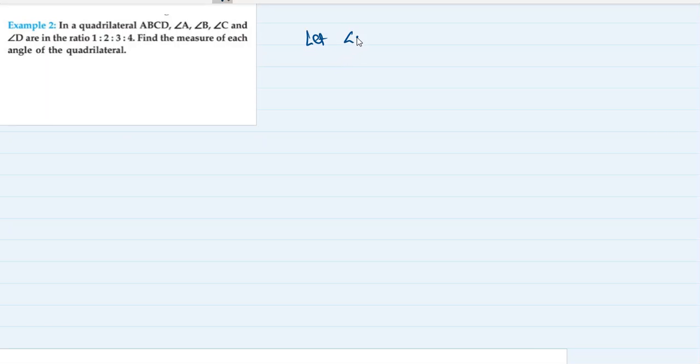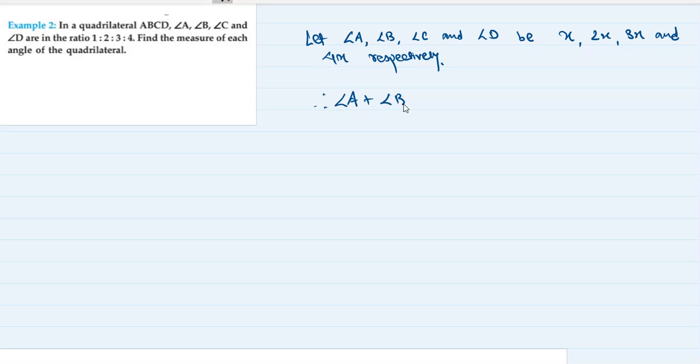Let angle A, angle B, angle C and angle D be 1:2:3:4 है, इसलिए I'm taking it as x, 2x, 3x and 4x respectively. Therefore, angle A plus angle B plus angle C plus angle D is equal to 360 degree.